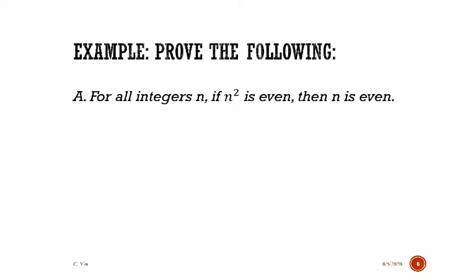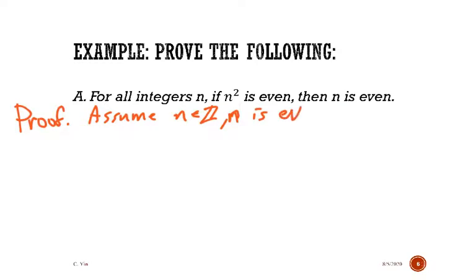So let's look back at this same exact problem that we had before. We want to prove for all integers n, if n squared is even, then n is even. We're not proving the contrapositive here, but we'll assume that n is an integer, that n squared is even.